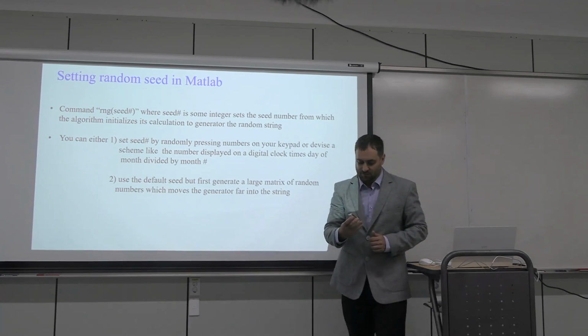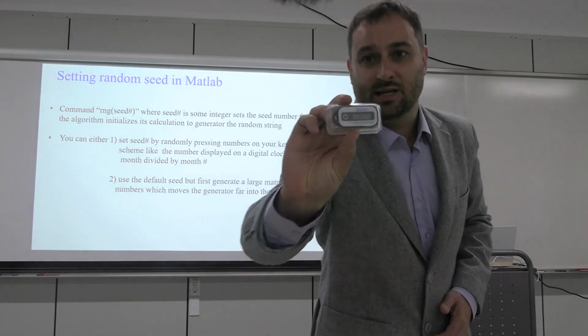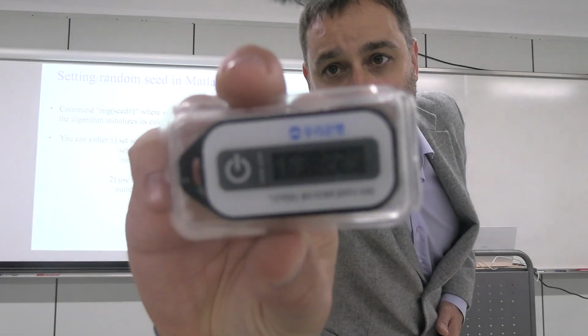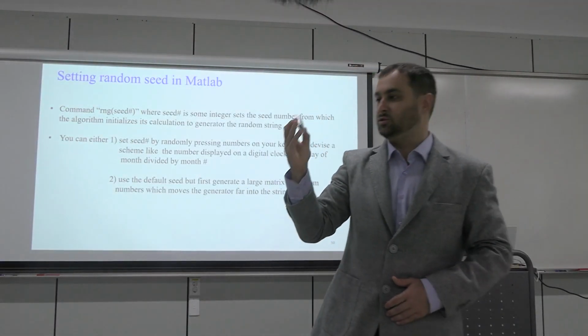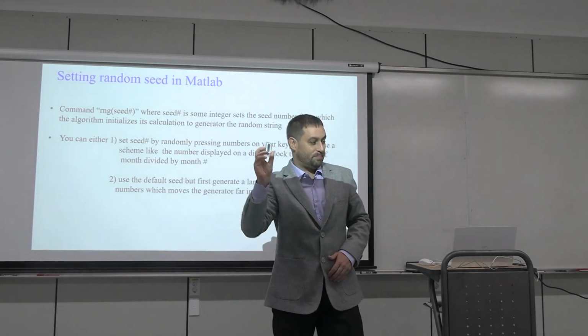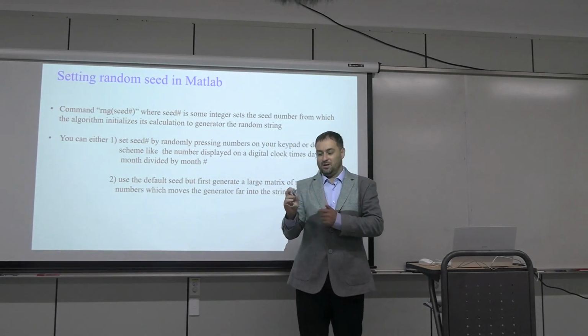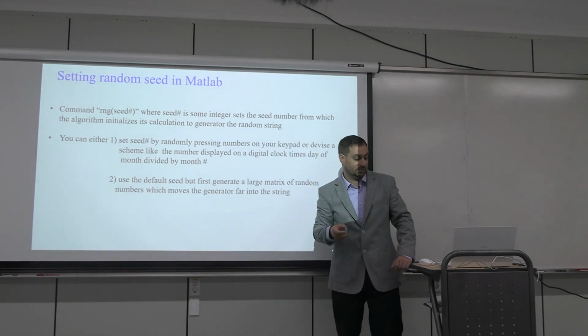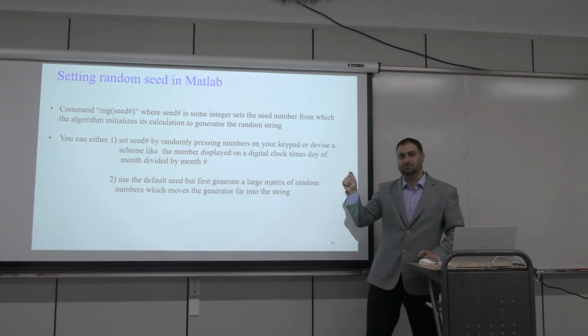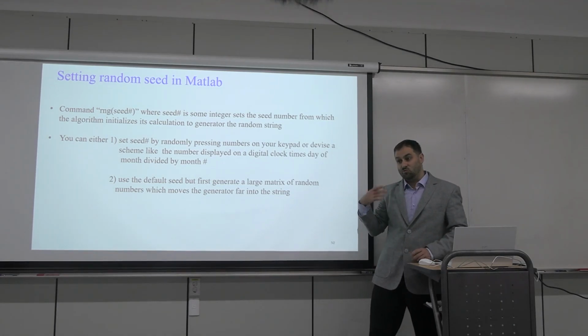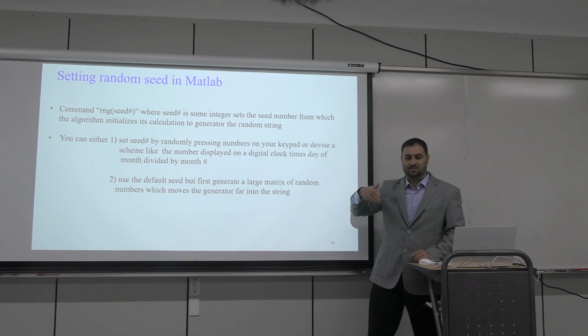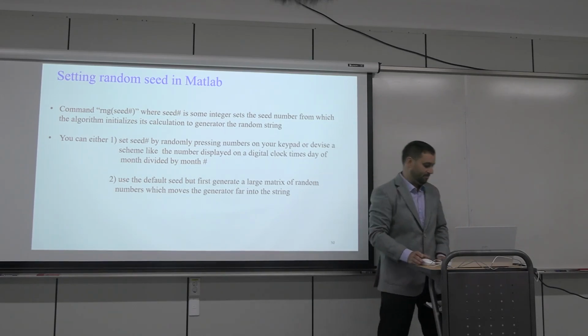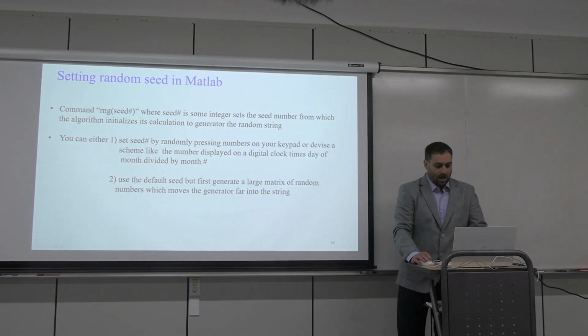For example, if you have online banking with the little password generator, you could use your OTP password number, because it's always changing every 30 seconds. You can use that as your random seed. But you should always save that random seed number in your input file, so if you need to go back and redo some statistical analysis, maybe even a year later, you'll be able to generate the same string of random numbers.